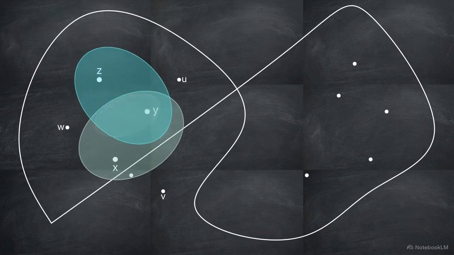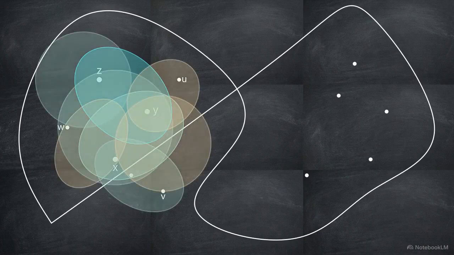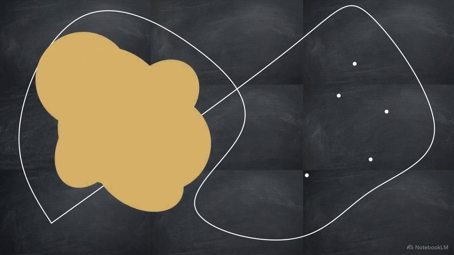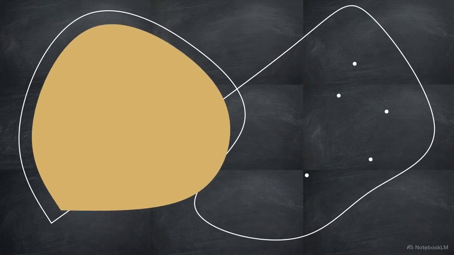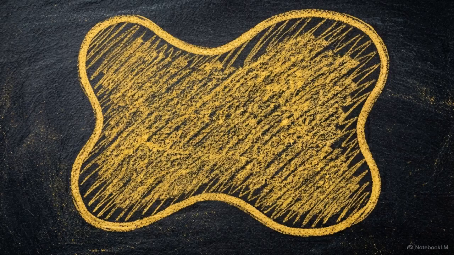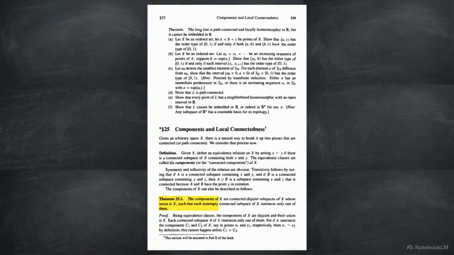By combining all overlapping connected subspaces for every equivalent point, the boundaries expand until they capture the largest possible connected piece of the geometry. The resulting maximal equivalence classes derived from this exact process are defined as components of the space. As we see in Theorem 25.1 of Munkres, these components are perfectly disjoint from one another, and their union seamlessly forms the entirety of the space X.